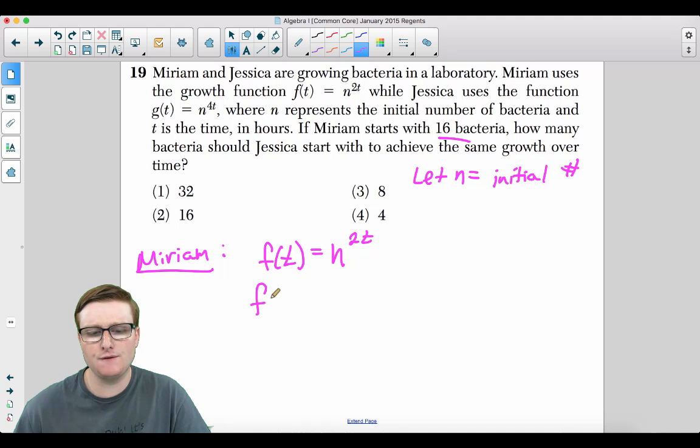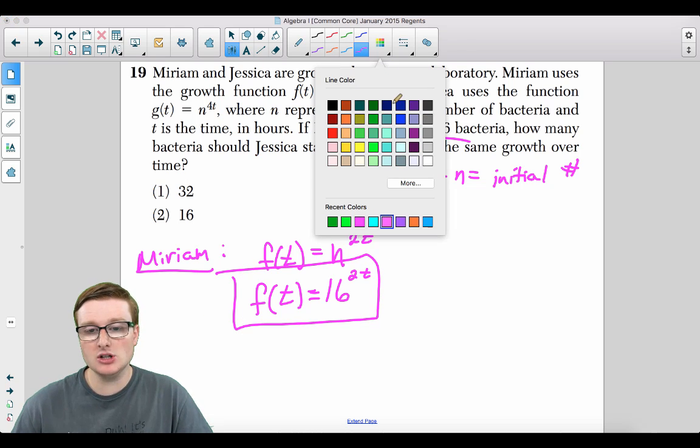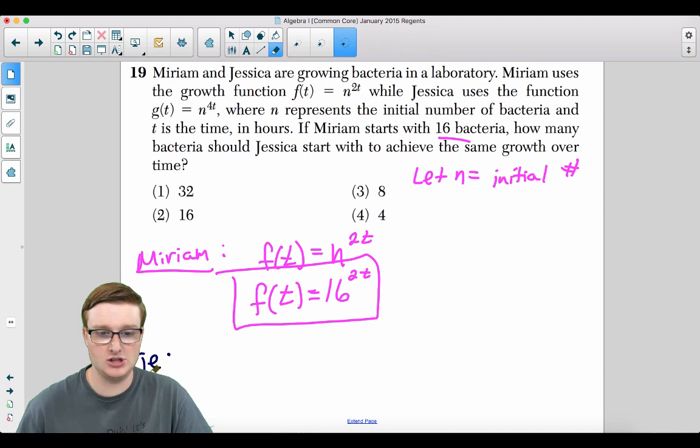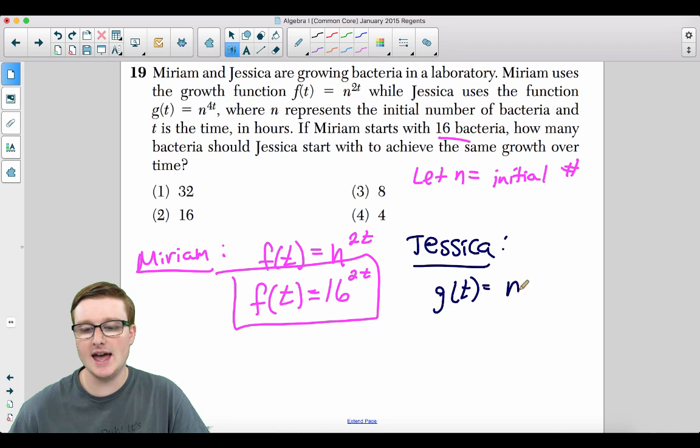So that means that her function really is f of t is equal to 16 raised to the 2t power. Keep that in the back of your head for a moment. Now we're going to talk about Jessica's function. I'm going to put Jessica over here. Jessica. Okay? Now, Jessica's function is g of t is equal to n raised to the 4t power.